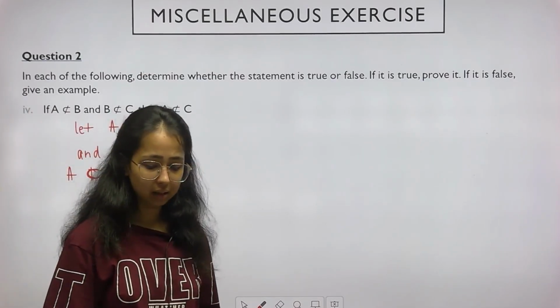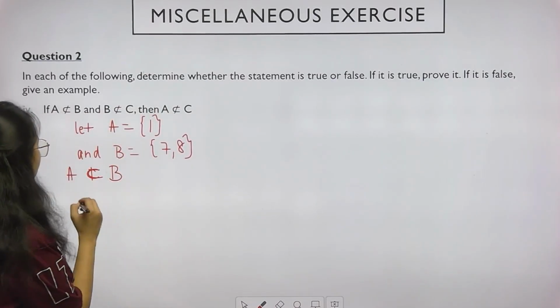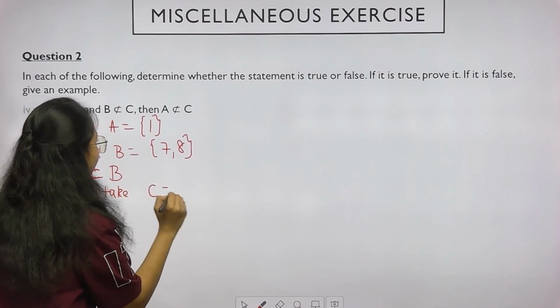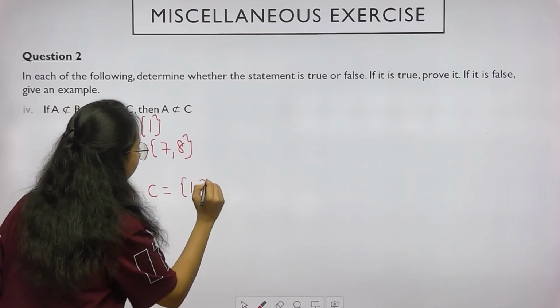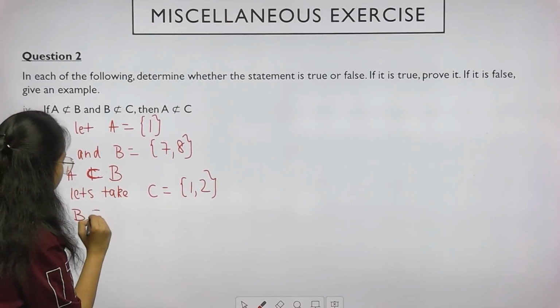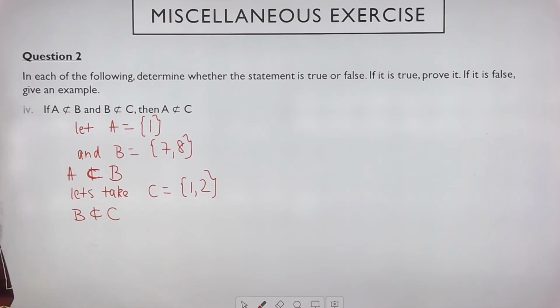Now we'll take a set C. Let's take C as {1, 2}. Now here also we can see that B is not a subset of C, correct?